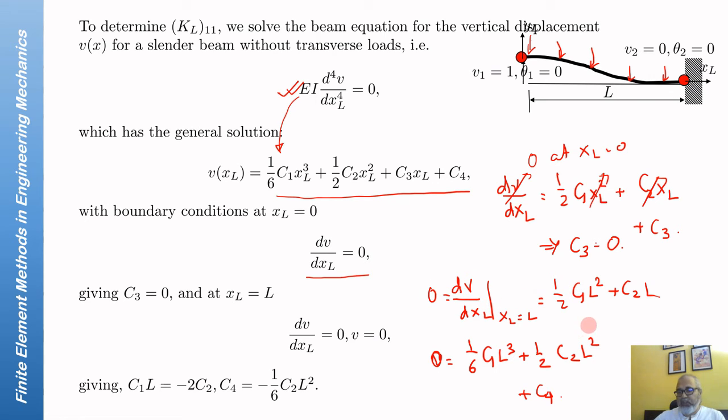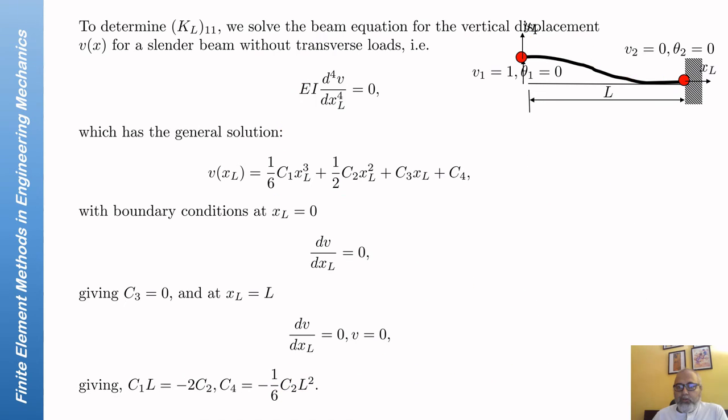So from here you can now solve for two of the constants, and we get these relations between the constants. We get C1 L equal to minus 2 C2. And then using this, we get C4 is equal to minus 1/6 C2 L square. You can work that out.